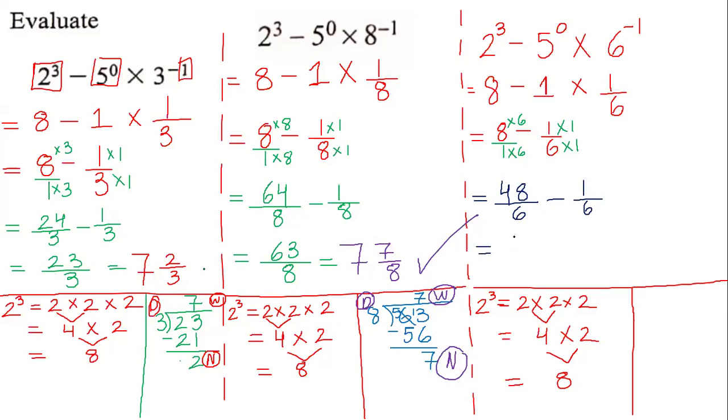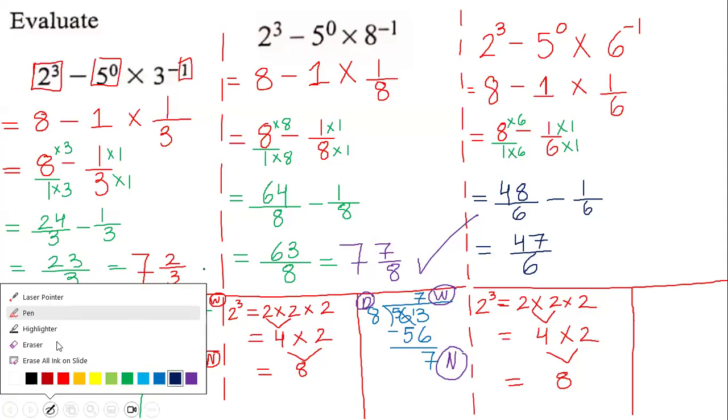47 over 6. Who at least got 47 over 6? I did. Me, and you told me it was wrong. Did I? Yes, you did. I would never. Why would I do that? Wow. Okay.